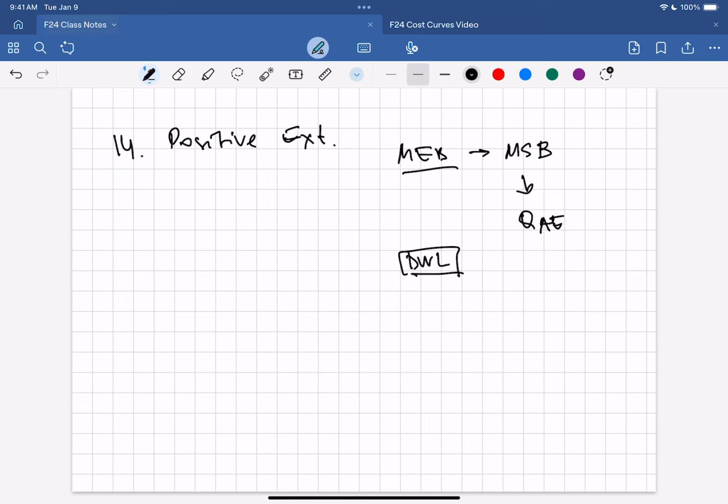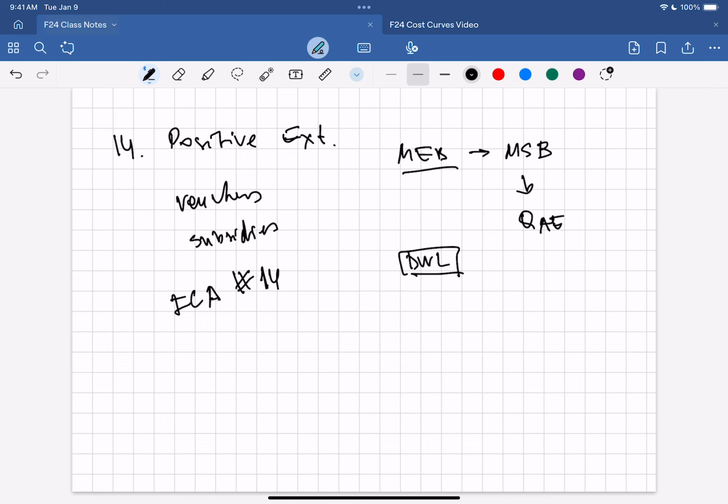And then you should know how to correct this problem. Remember, there were vouchers and there were subsidies. So look at in-class assignment number 14 and recall how it's being done.